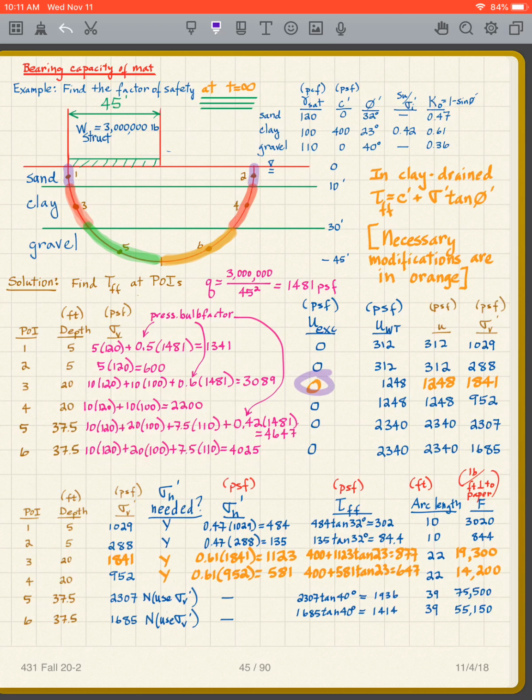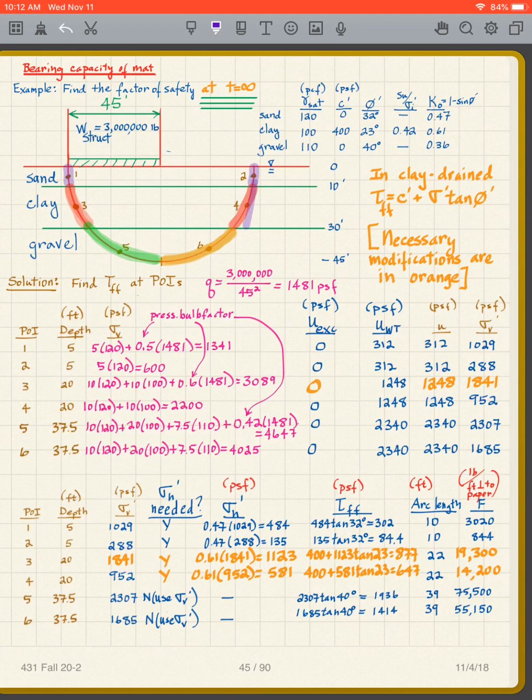Well, u_xs is 0 because it's drained. At this point here, there's no u_xs anymore because it's at t equals infinity. And so that's going to change my u. It changes my sigma v prime.